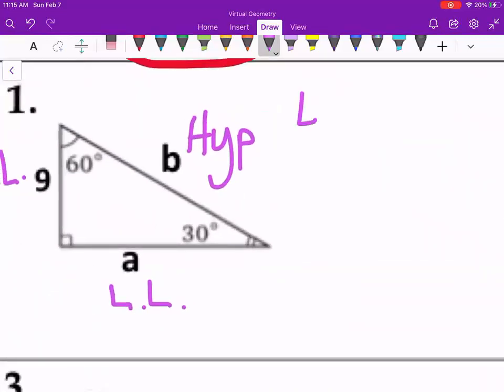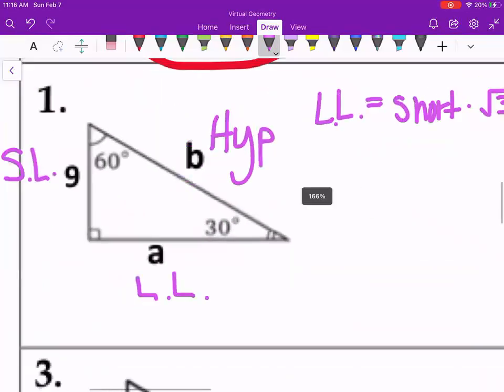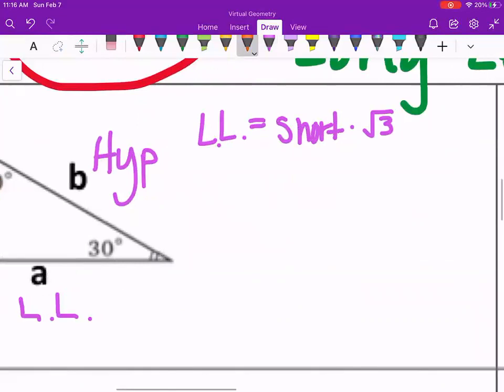So I'm going to use long leg equals the short times square root 3. Well, what is my short leg? My short leg has a length of 9.